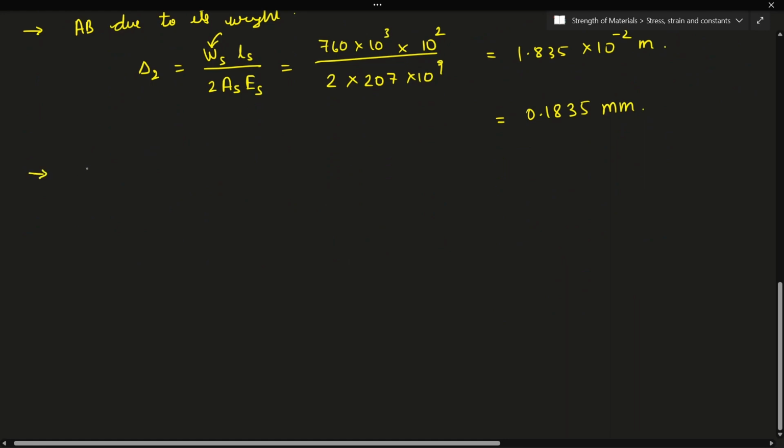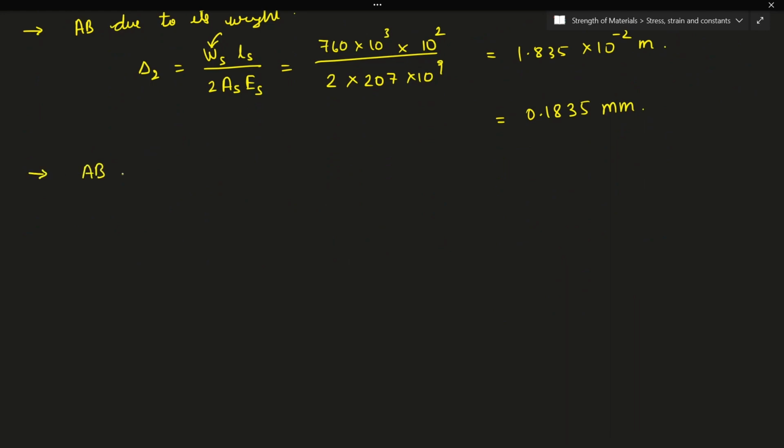Now again the extension of AB due to the weight of BC. Now we'll also have to consider this. So I'll call this delta 3, which is equal to WB into length LS, length of steel, divided by the area of steel AS into ES. Now this is not the self weight of the steel, this is the weight of brass which is acting upon the steel, right? That is why in the denominator we are not using the 2.